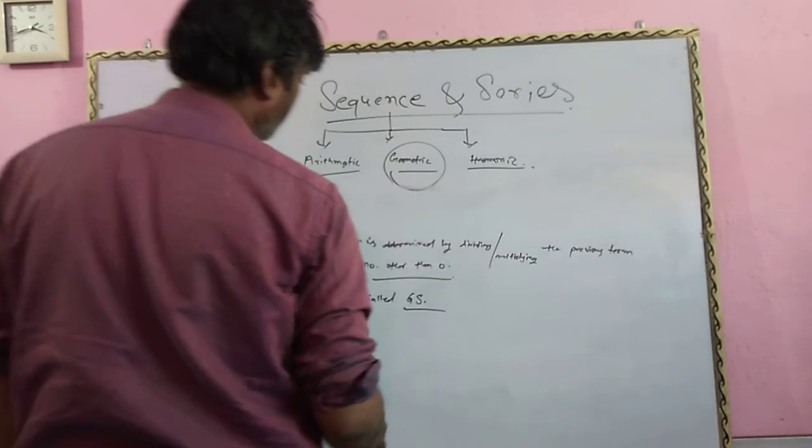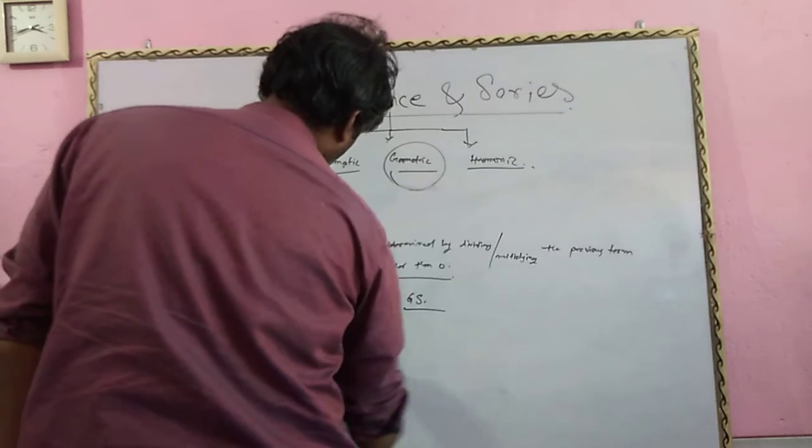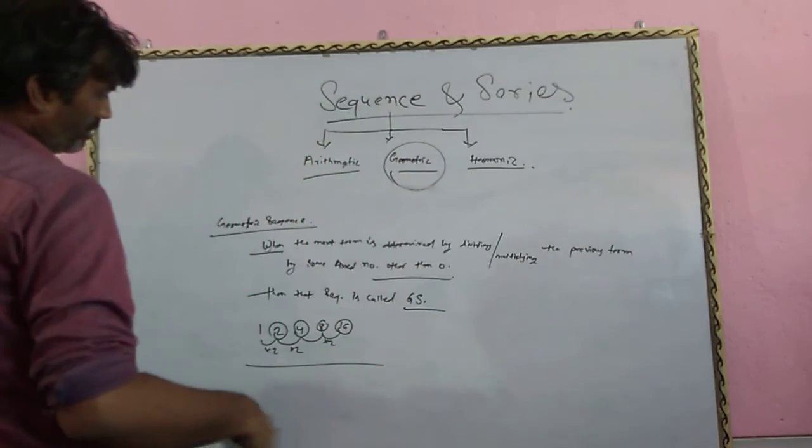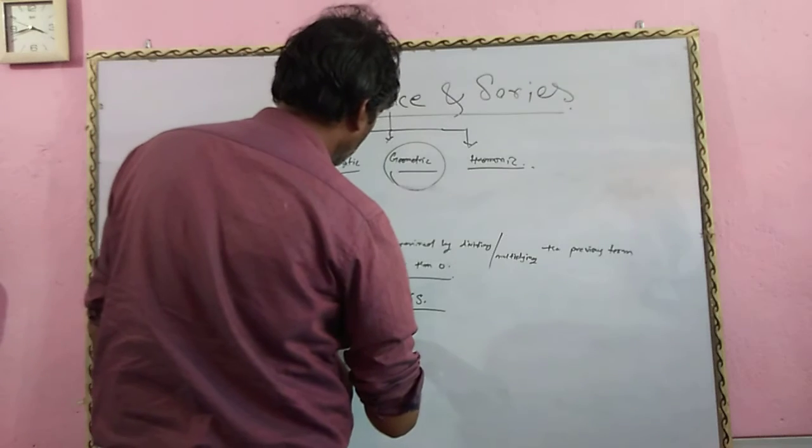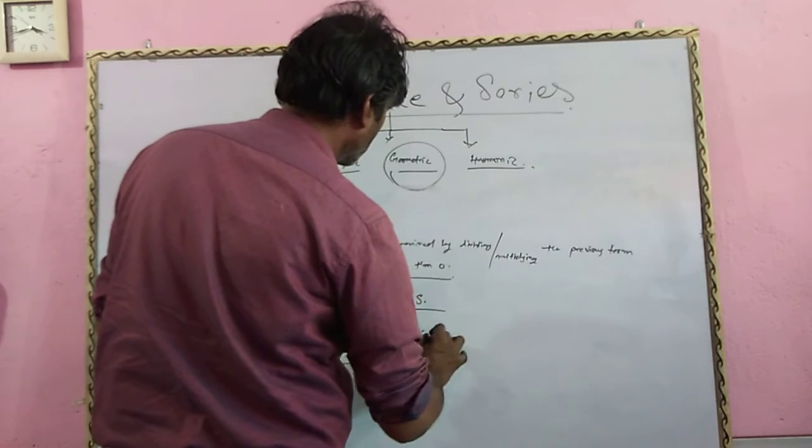So 1, 2, 4, 8, 16, multiplying by 2 every time, and in this way you are getting a sequence, and this sequence will be called a geometric sequence.